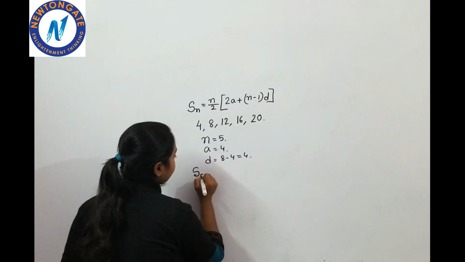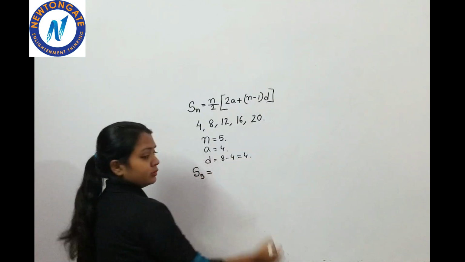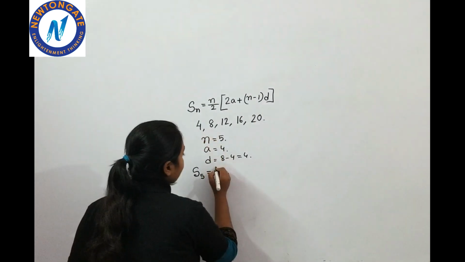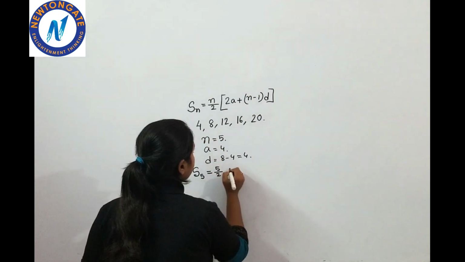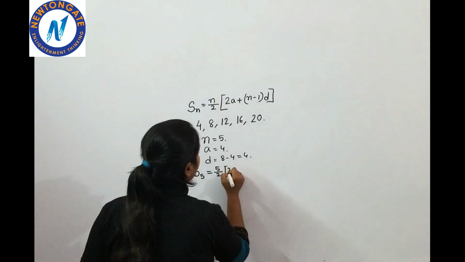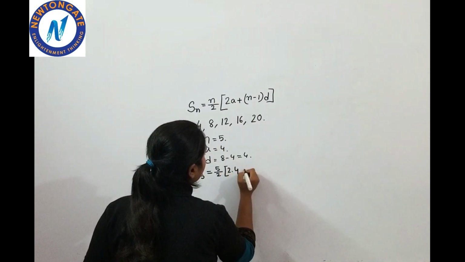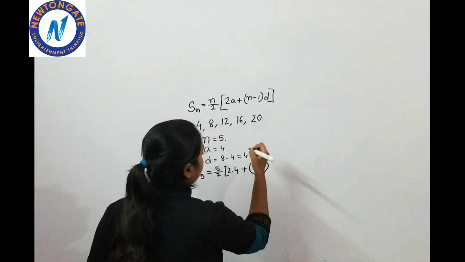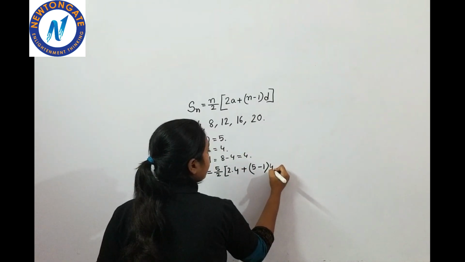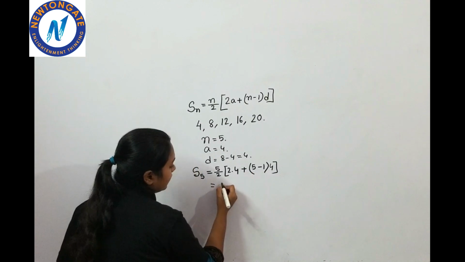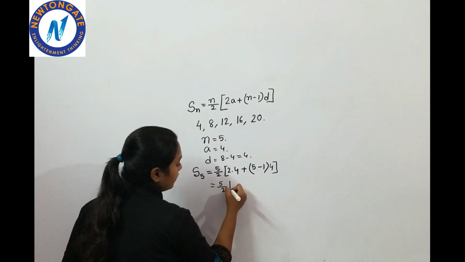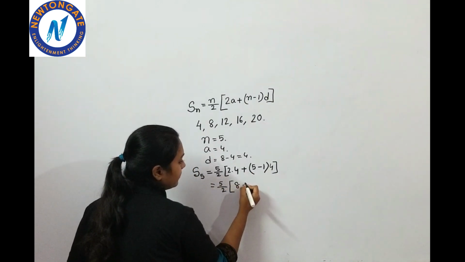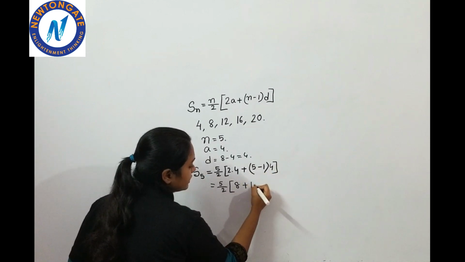Then S5 equals n, that is 5, by 2 into 2a, a means 4, plus 5 minus 1 into d, d means 4. Then 5 by 2, 4 2s are 8 plus 4 4s are 16.